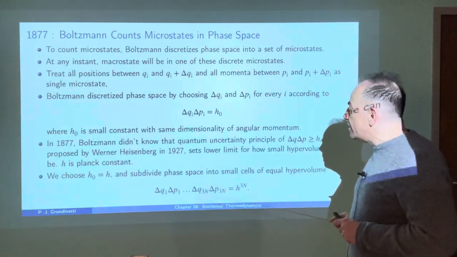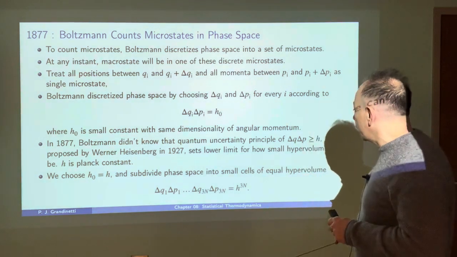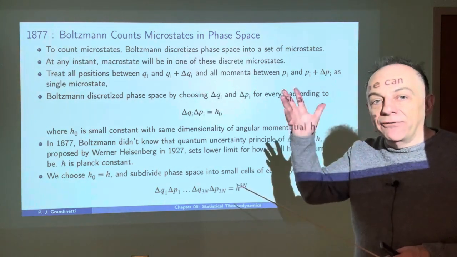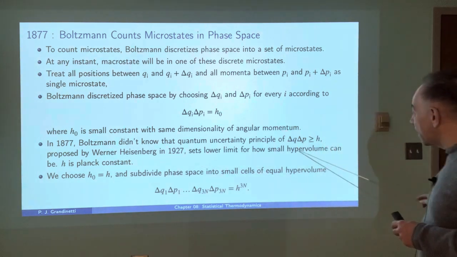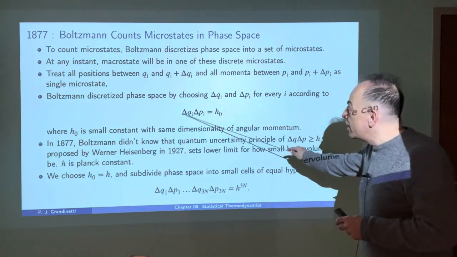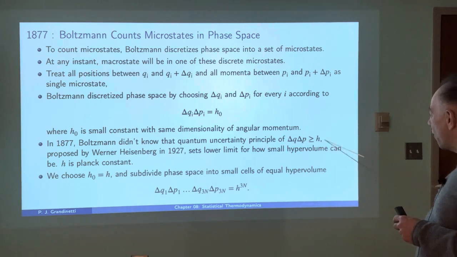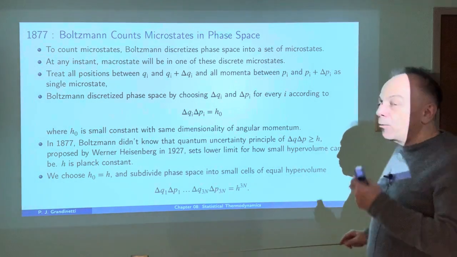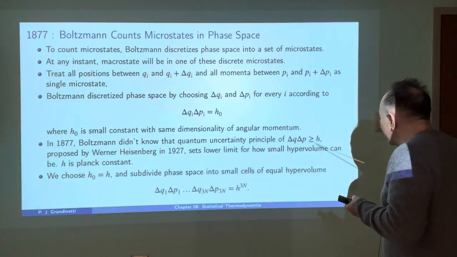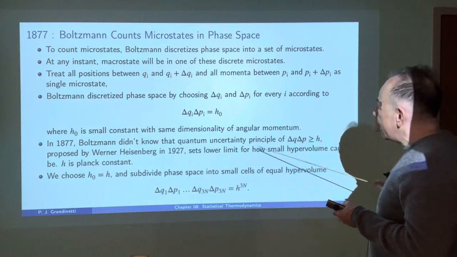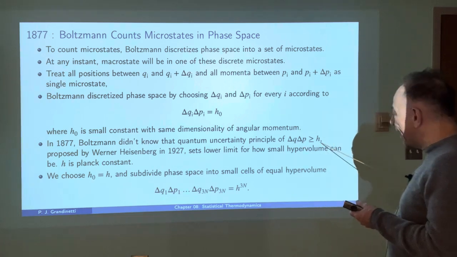What Boltzmann didn't know about in 1877 when he proposed this approach is that 50 years later, Heisenberg would propose the uncertainty principle in 1927, which tells you that there's a lower limit on what this product can be. This product can only be as low as Planck's constant. We'll learn more about the reason for that later in the course. But for now, we'll take the fact that this has a lower limit and set our discretization constant h as equal to Planck's constant.